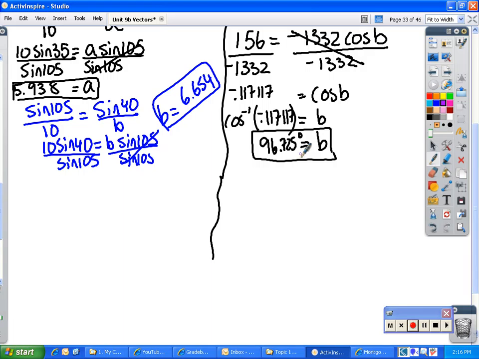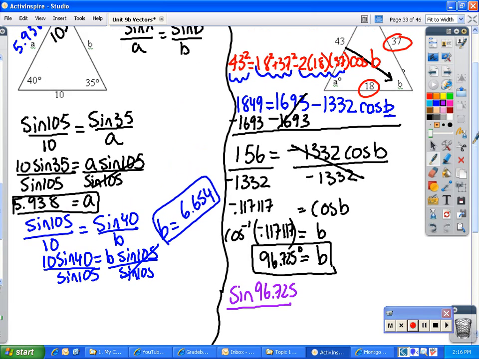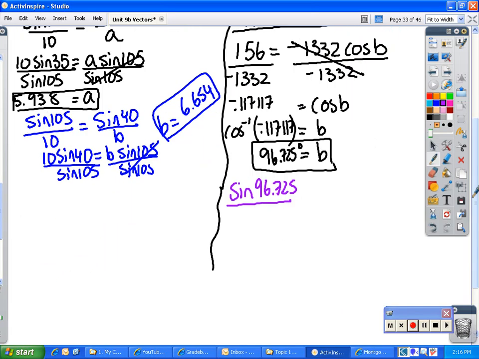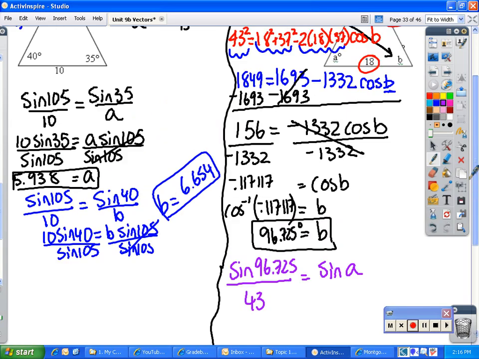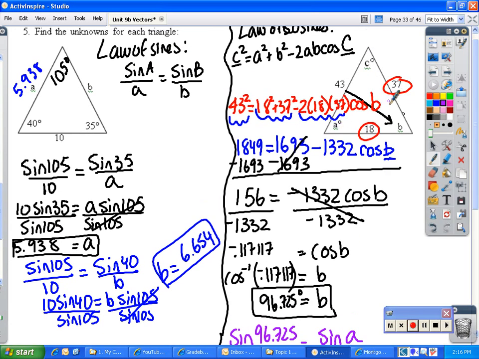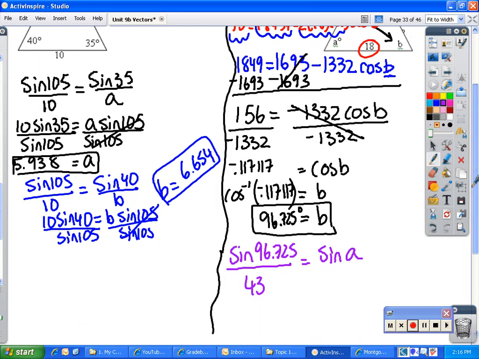Angle B being this angle, I have sine of 96.725 over the side opposite, which is 43, equals sine of, let's say I'm solving for angle A first, over what's opposite angle A, which is 37.